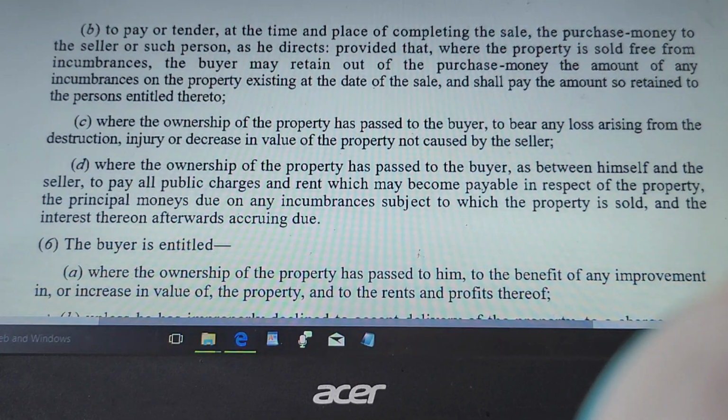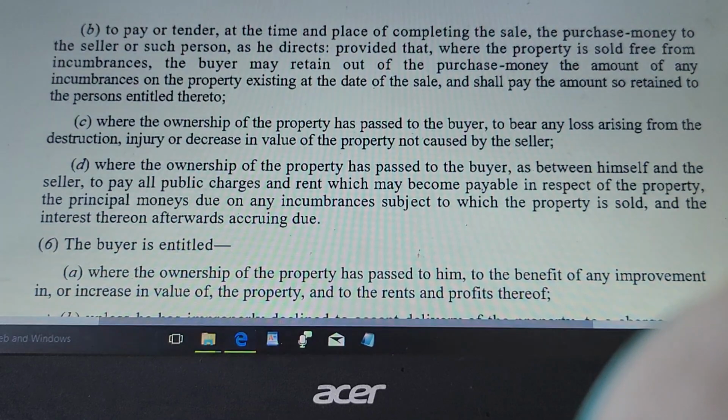C, where the ownership of the property has passed to the buyer, to bear any loss arising from the destruction, injury, or decrease in value of the property not caused by the seller.